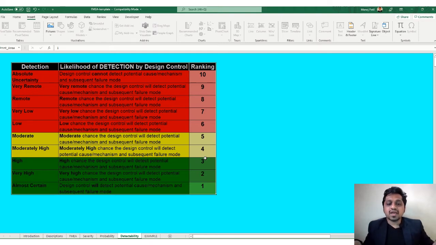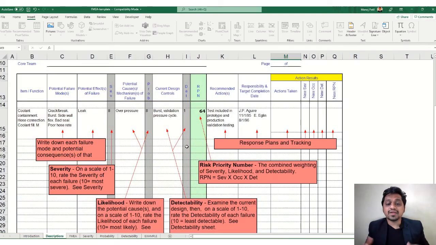So all these things have been taken care of, and that's why the detectability is higher and the rank is lesser, because we are multiplying all these factors, right? So if the detectability is high, the failure effect might be lesser, the failure probability is lesser. So we have given the detectability as 1.